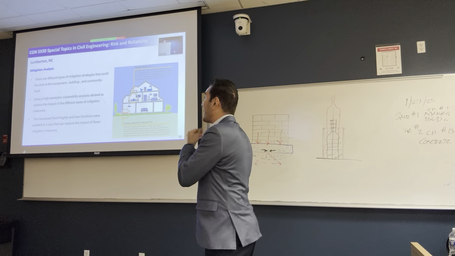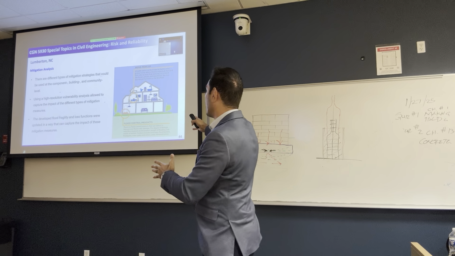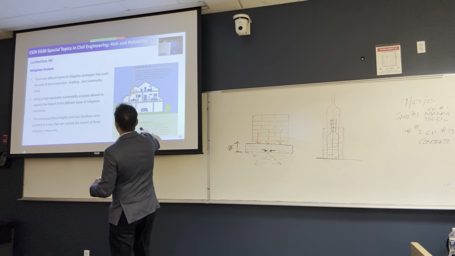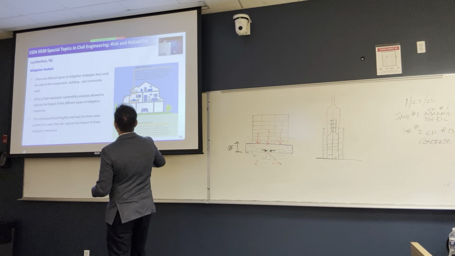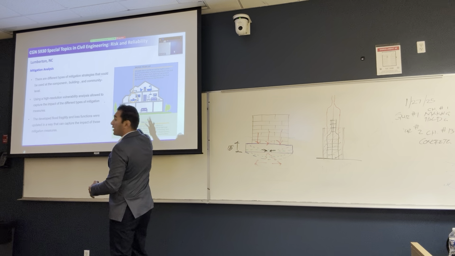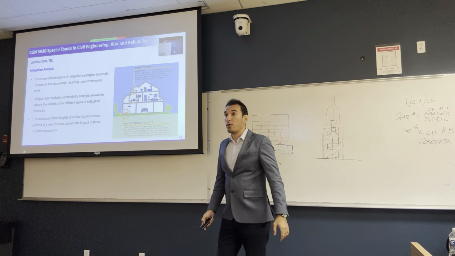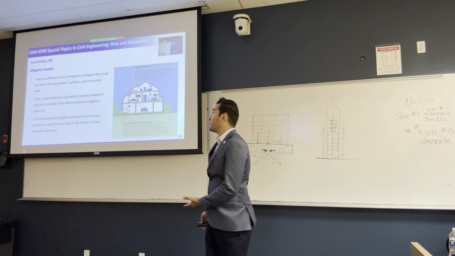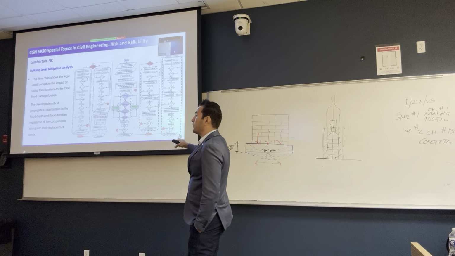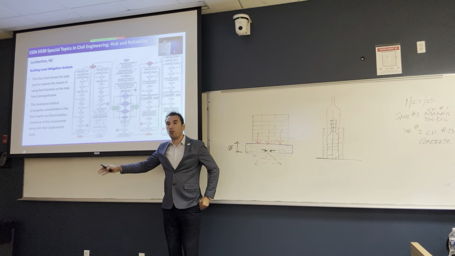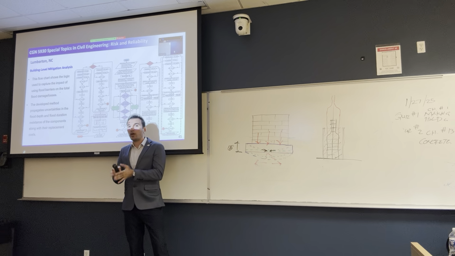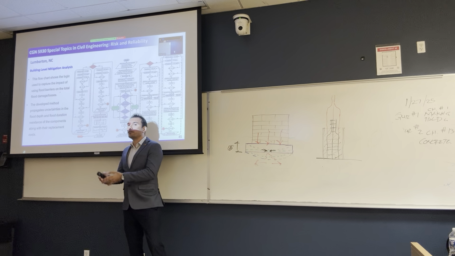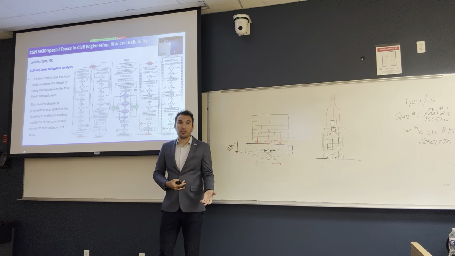For mitigation analysis, these are the mitigation types, like some of you talked about sandbags. Some of you talked about moving water sensitive components to an upper elevation. All these are viable mitigation measures that communities can use. This is a framework that I published in one of my papers of how we go from the fragility, from quantifying damage, to identifying the impact of mitigation measures.